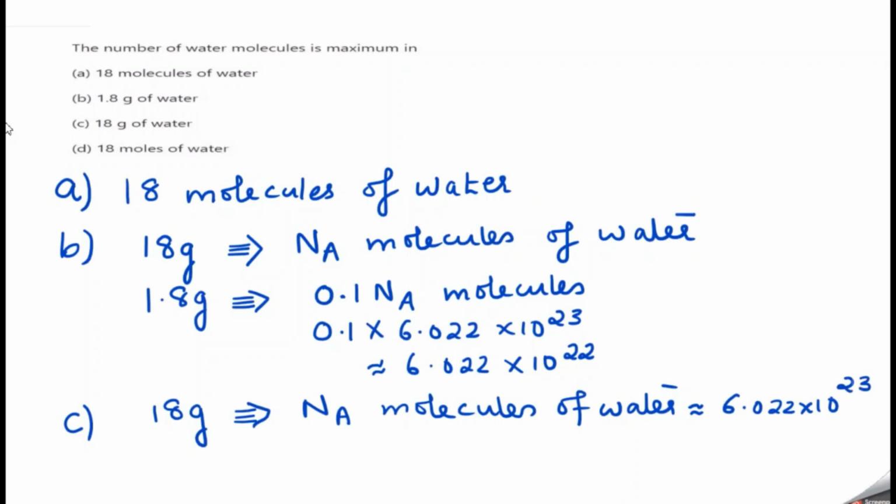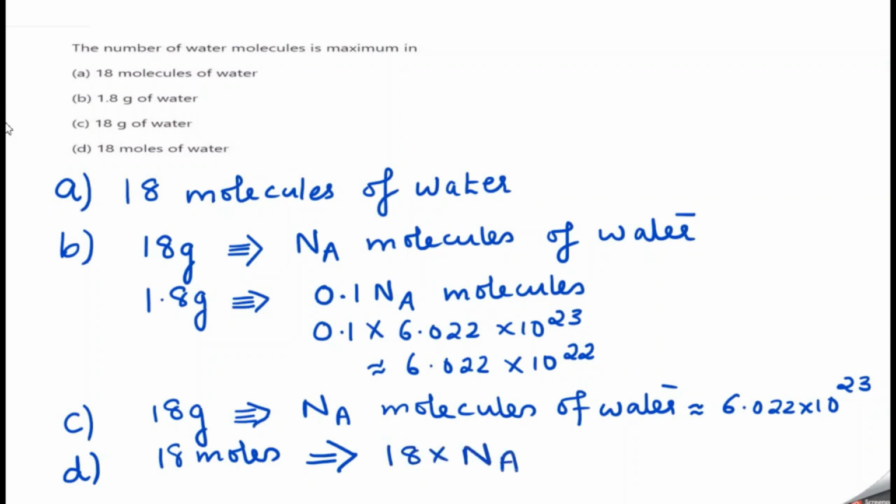Correct. Now coming to option D, that is 18 moles of water. So I know the standard relationship between number of moles and number of molecules. 1 mole will have how many molecules of water? Avogadro number of molecules. So 18 moles means how much? 1 mole is having Avogadro number, so 18 moles means 18 into Avogadro number, 18 into Na.